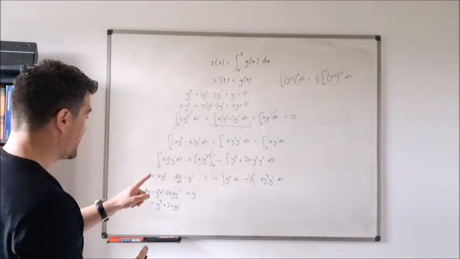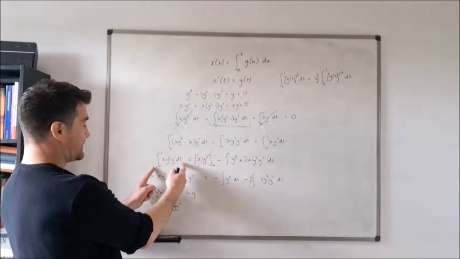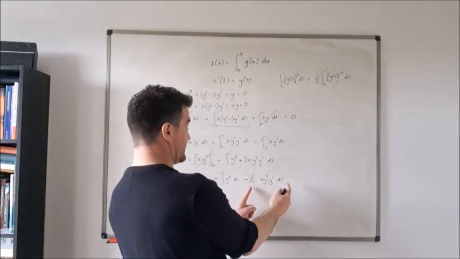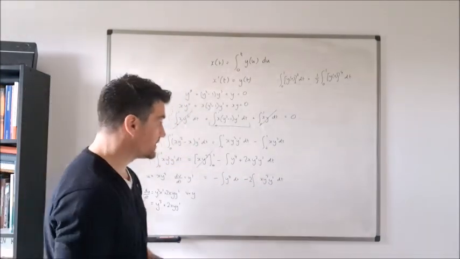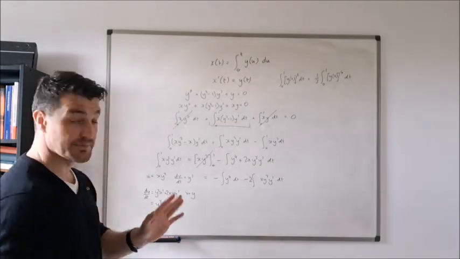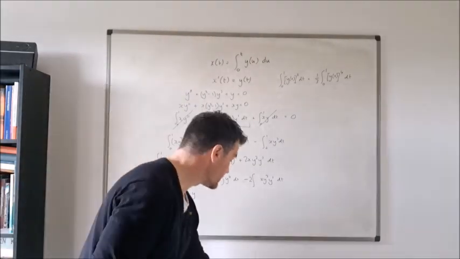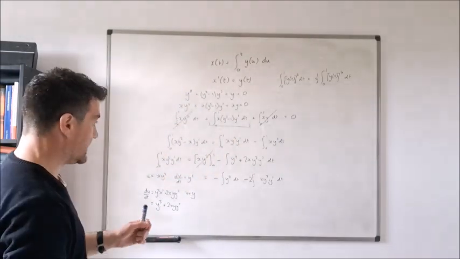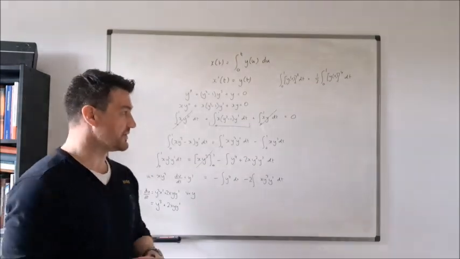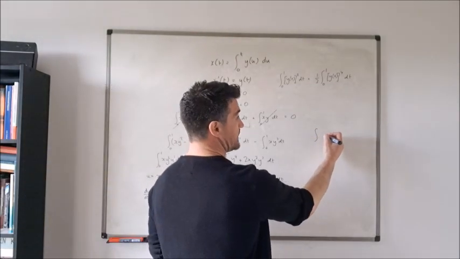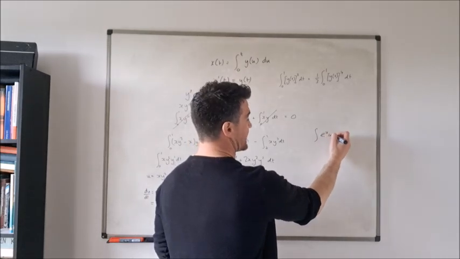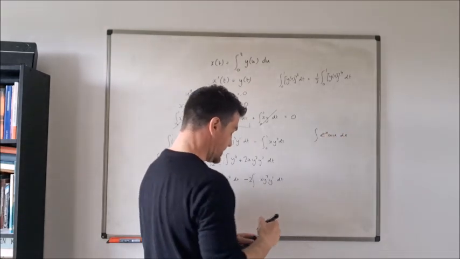Now notice that this expression here is the same as this expression here. So this is quite a useful little trick to bear in mind. You might see this, for example, if you were to try to integrate e to the power of x cos x dx.